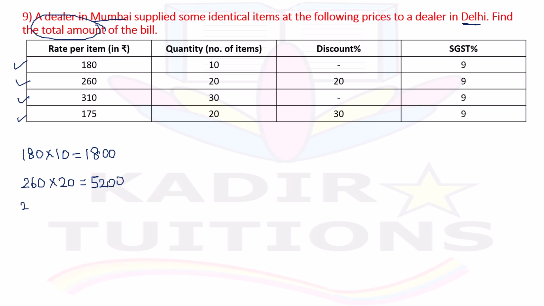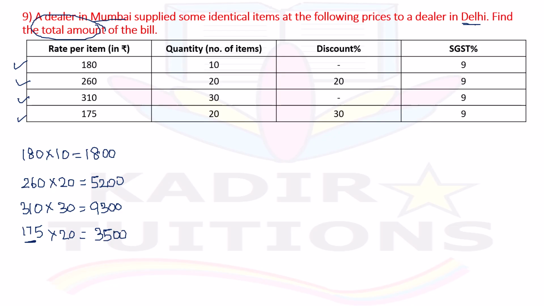And the third item's unit price is 310 and total quantity is 30. So it's going to be 9300. And for the fourth item, the unit price is 175, but the total quantity is 20, right? Yes. So the total value, if we multiply, is 3500.